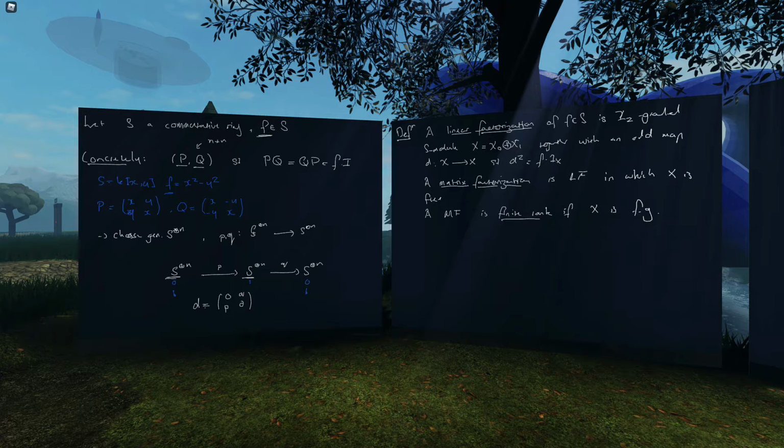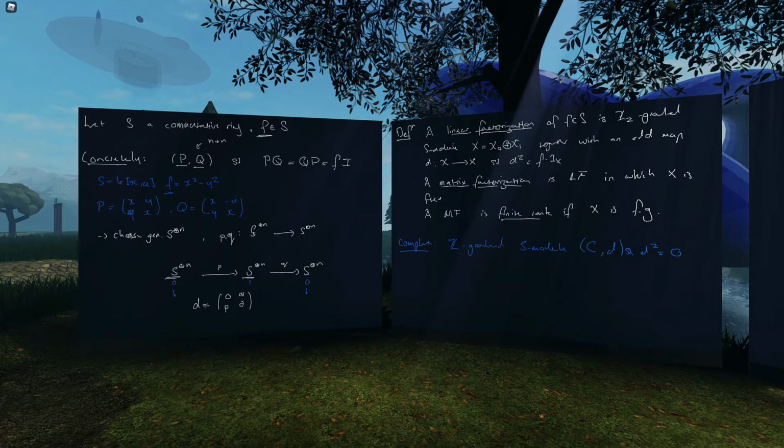Okay, so depending on what maths you've seen so far, you may or may not know that we've also got this idea of a complex of S modules. We can think about a complex of S modules as a Z-graded S module C together with a differential which squares to 0.